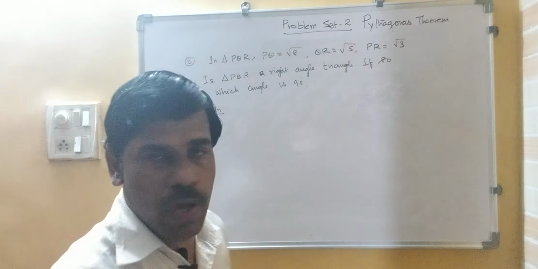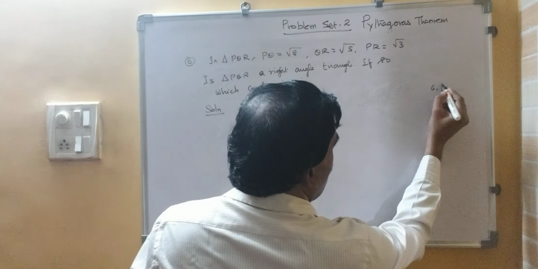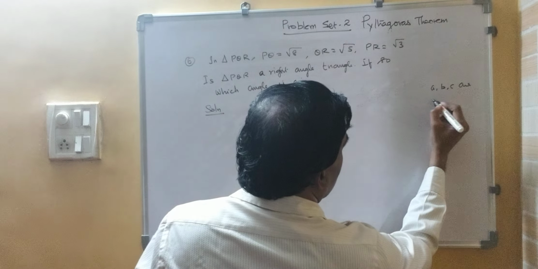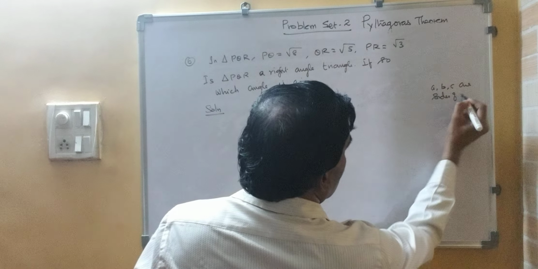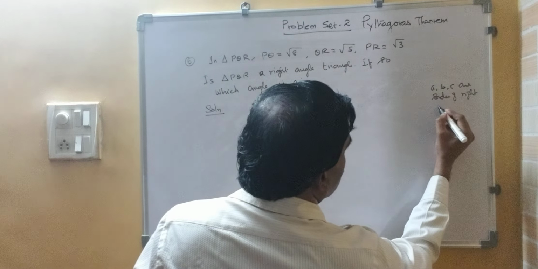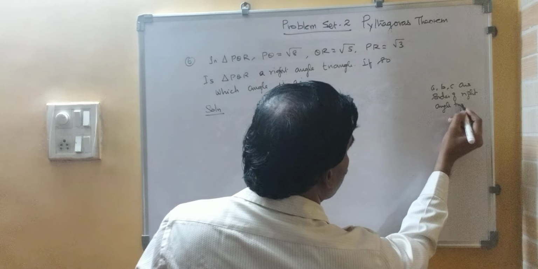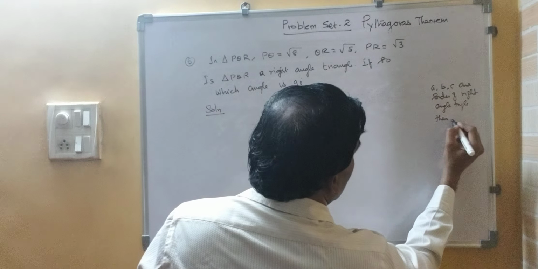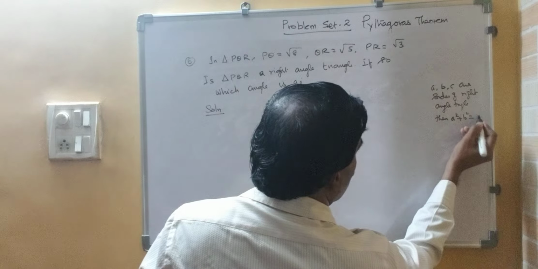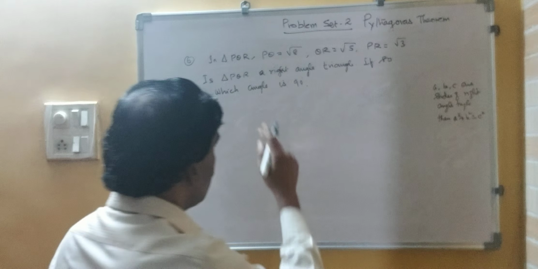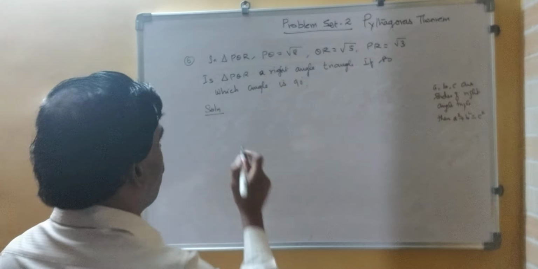Now Pythagoras triplets we have seen. Suppose if A, B, C are the sides of right angle triangle, then A square plus B square equal to C square. Okay, now here also we will see the same thing.